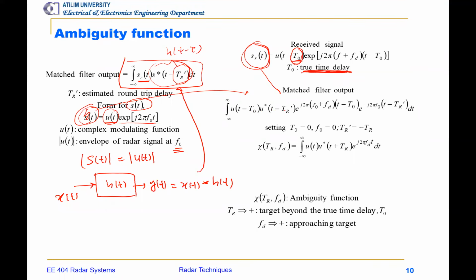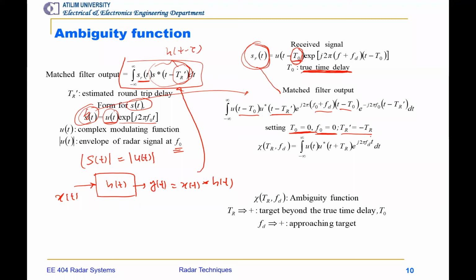And then we see that we got two exponentials as well as two u functions. Each is delayed by different times, T0 and TR prime. For simplicity, we can set the center frequency F0 to 0, and then T0 to 0, so true time delay, and TR prime as minus TR.